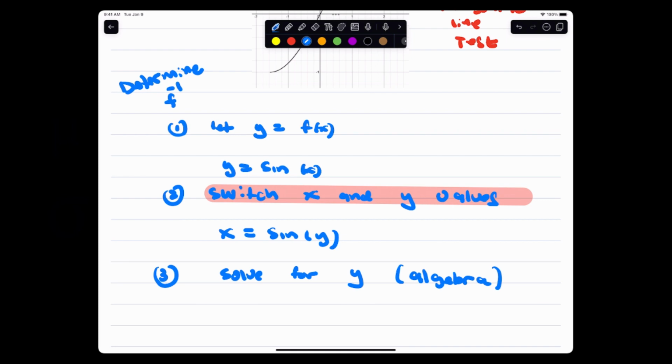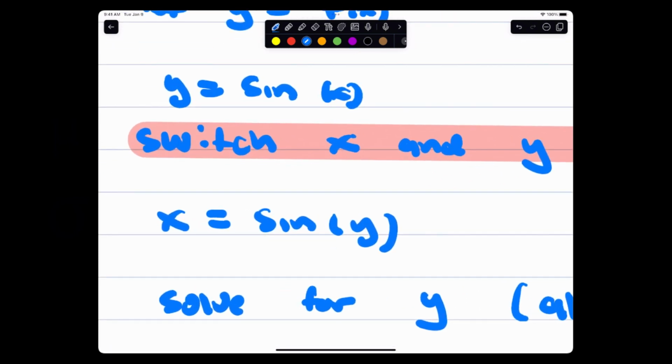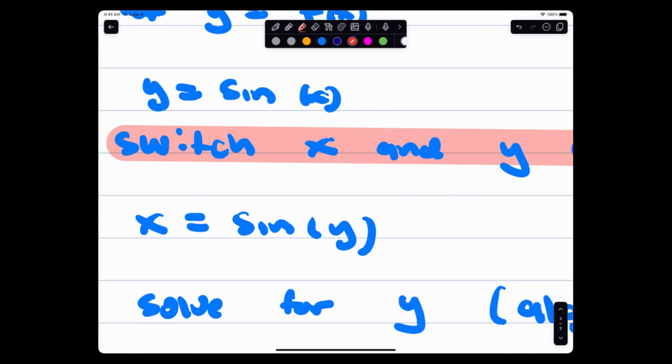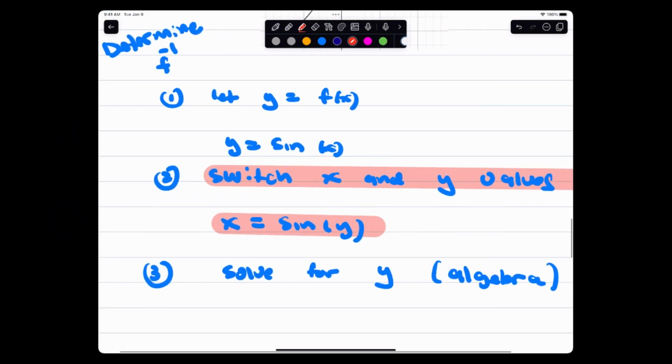And so you say, okay, I got to solve this for y? Yes. Using algebra? Yes. And you guys know what's the problem? There is no algebra that you can use to solve for y. And you say, what? There's no algebra that I can use to solve for y? No, there's none.